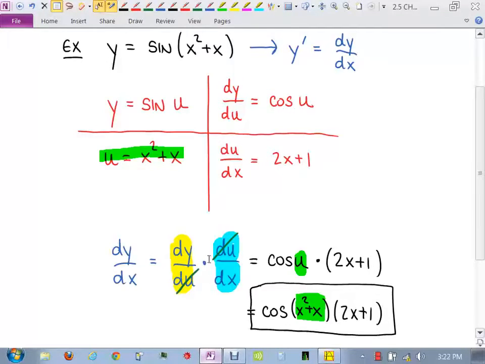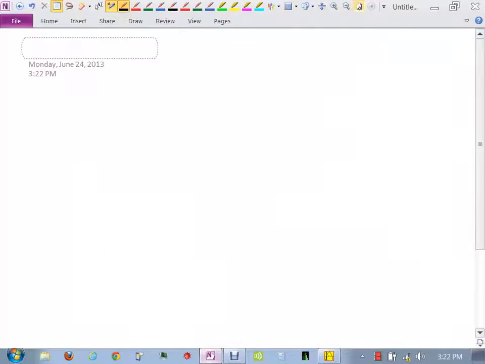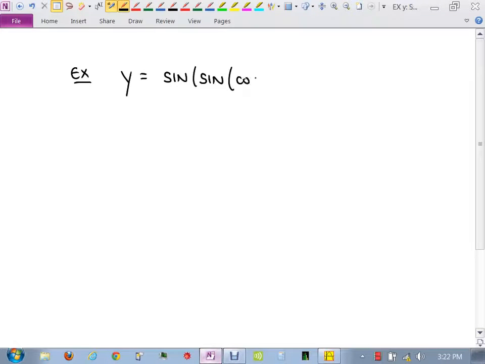That's the chain. So let me give you another example. y equals sine of cosine of the square root of x.